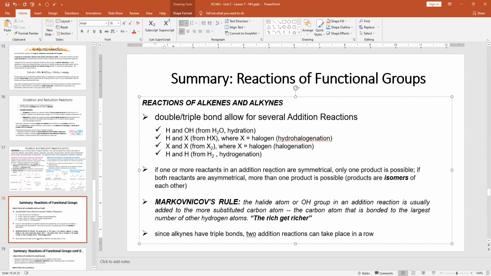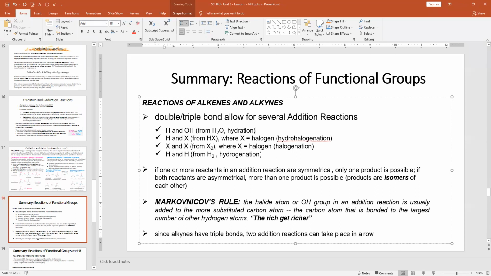Or you could have the addition of two halogen atoms, so X2, where X is a halogen. So things like bromine, chlorine, fluorine gases, where those can get added to double bonds or triple bonds.